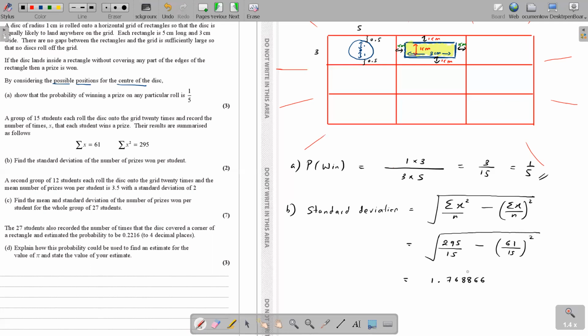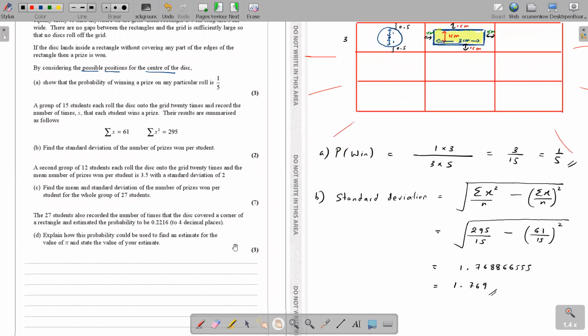You can't make it a fraction. So the standard deviation, how many decimals do they want? We will give it to 3 decimal places, 1.769. Okay, then part B is done, right?